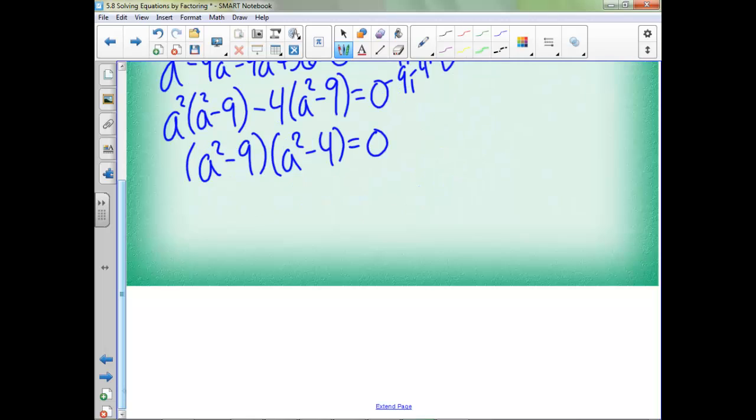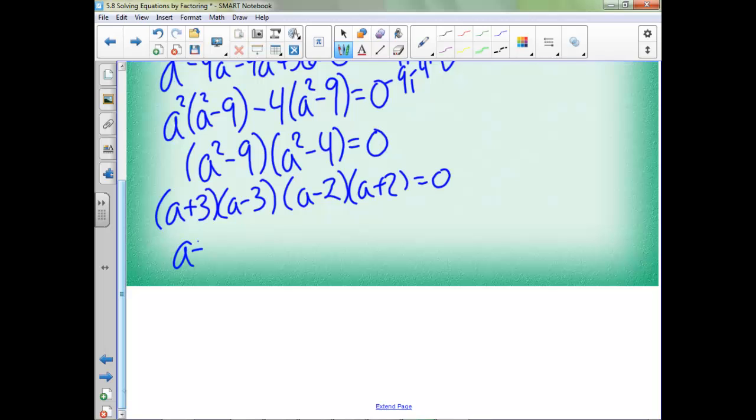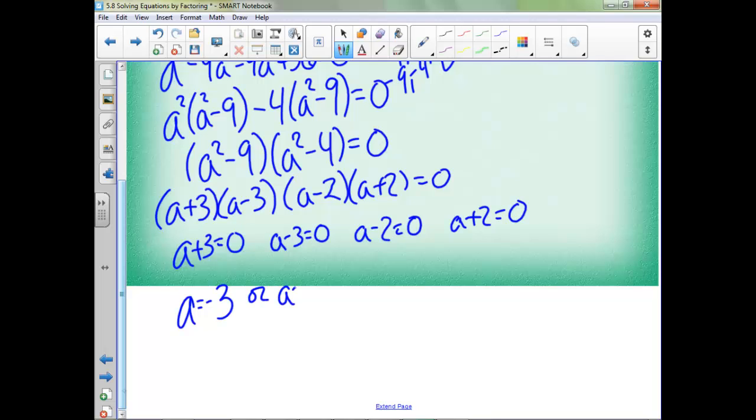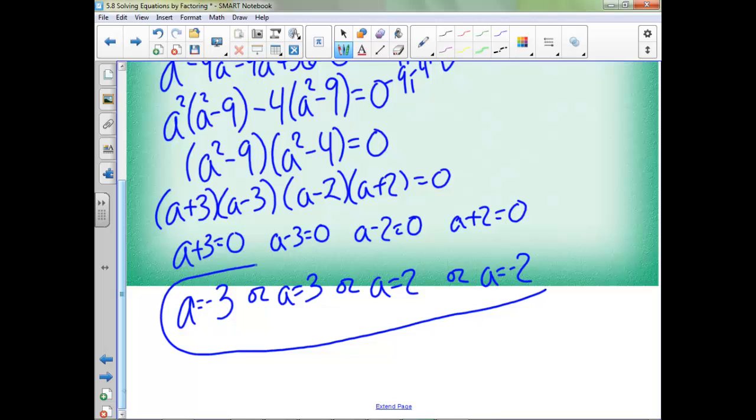Now notice we can factor each of these again because they're a difference of squares. So this time you'll have 4 answers.